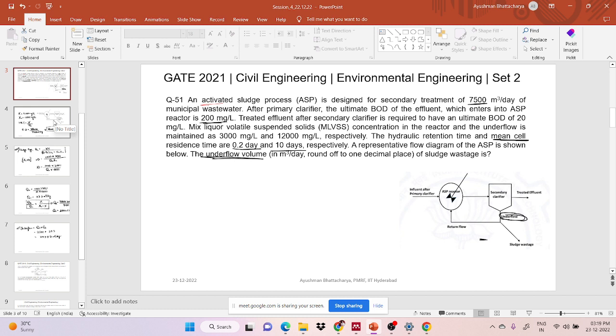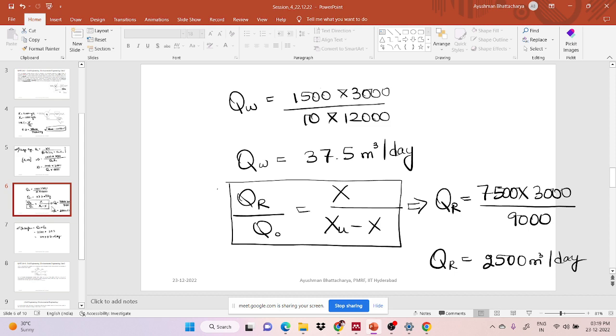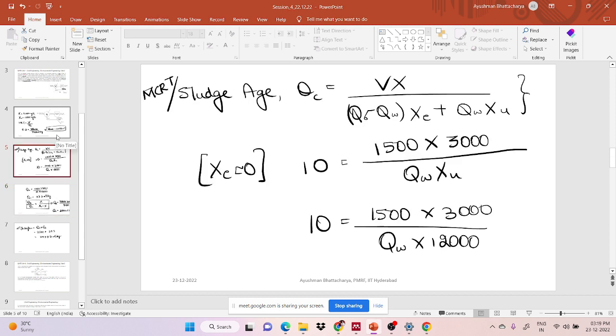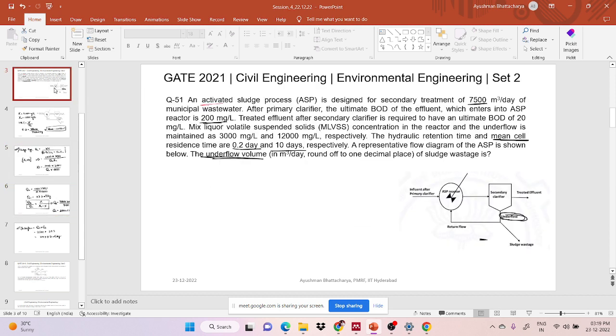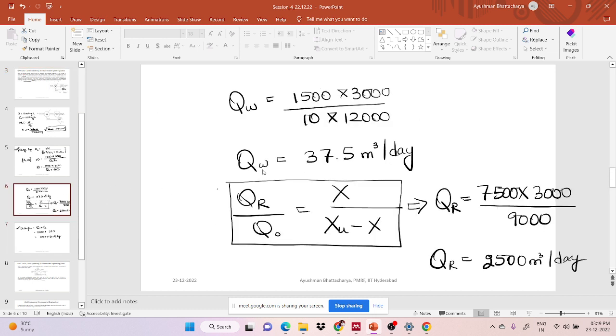Yes, in the official site I had seen that and written it on the previous question. You just check, because I had solved underflow volume as 37.5. 37.5 is QW.